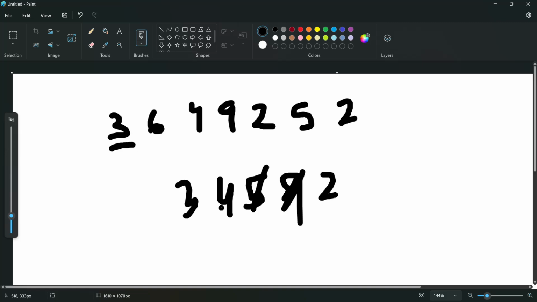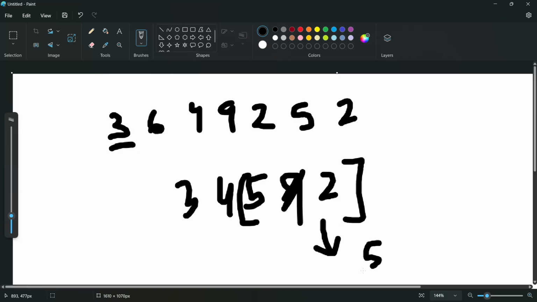Now Stalin sort here would give us 4, 2, right? Sorry, I made a mistake. Stalin sort here would give us 5. So this makes the array 3, 4, 5.